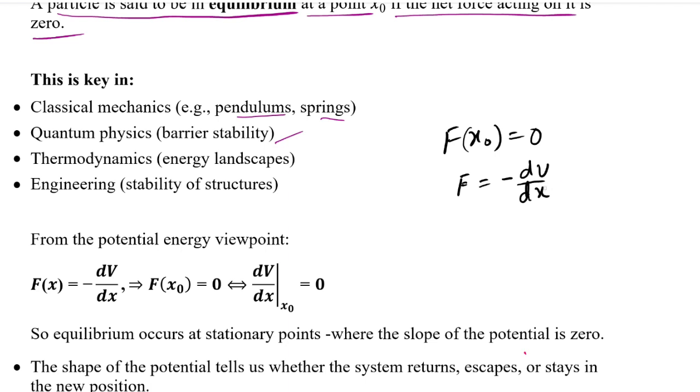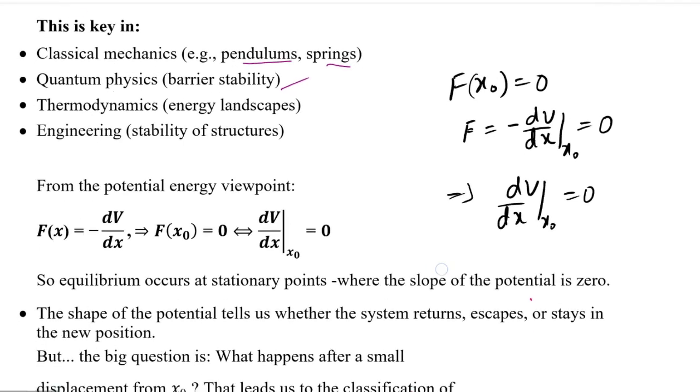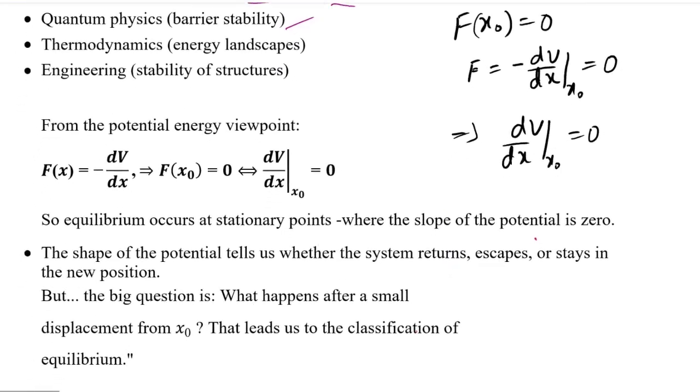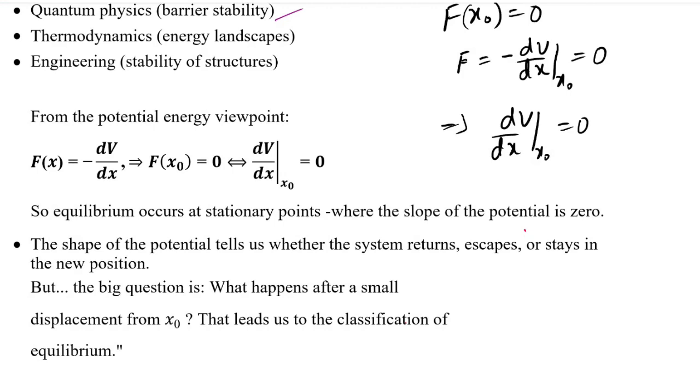At the point x0, this must be 0. So dV by dx at x0 is equal to 0. This is the basic condition for a system to be in equilibrium. Equilibrium occurs at stationary points where the slope of the potential is 0.